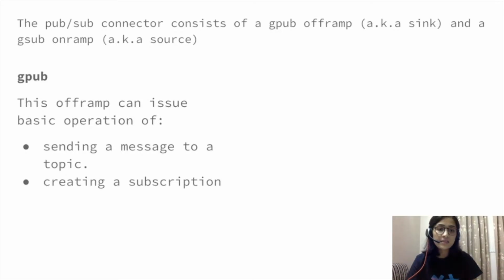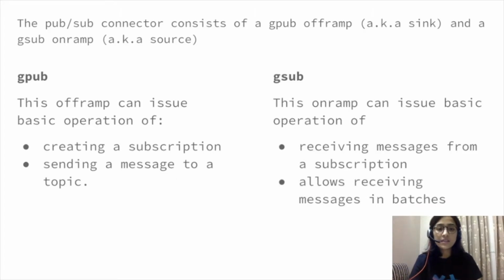As the name suggests, the gpub sink mainly allows you to publish, that is, to send messages to a topic and create a subscription that enables you to receive messages. Then we have the gsub on-ramp that allows you to receive messages from a subscription.